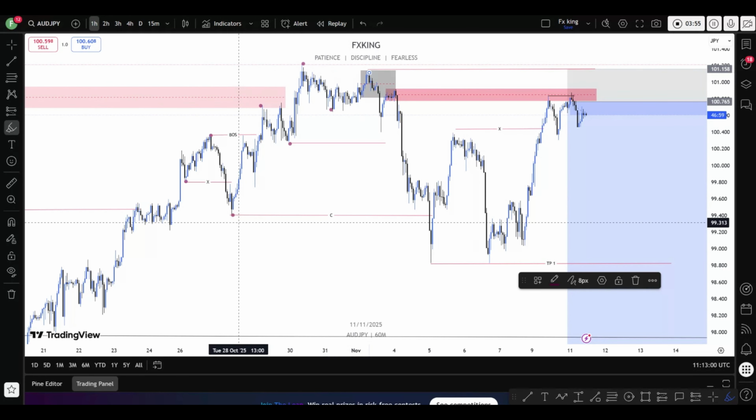Now when it came back down, this was our strong low here. The market has already violated this strong low by breaking below this point, creating a lower low here. Then these are two equal points that act as liquidity. So it created this lower low here, and then we also had an inducement here.